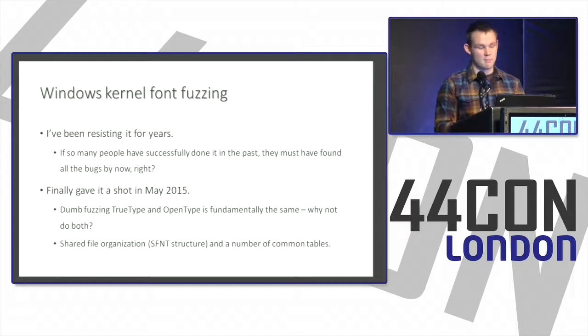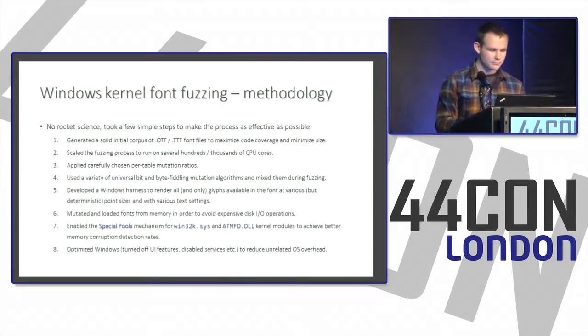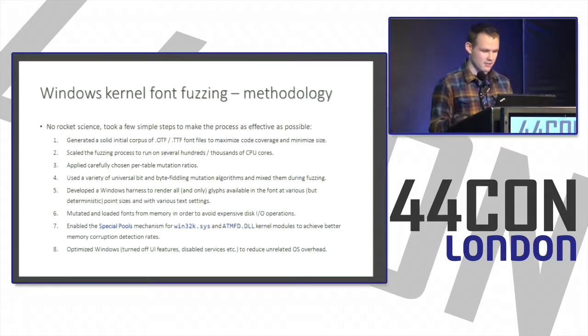I did some dumb fuzzing of TrueType and OpenType, since they are fundamentally the same. They share the same SFNT structure and have many common tables. I applied some simple tricks to make it as effective as possible.